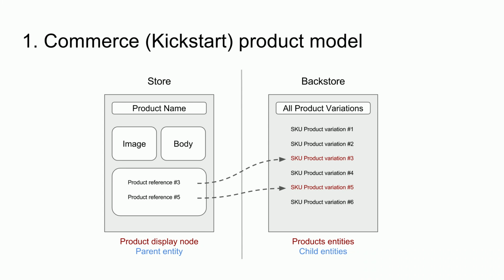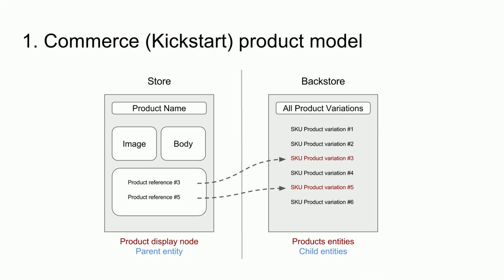All right, so this is me going a little crazy, but you have your store, you have your back store. These are your product variations, where the SKU is, the title, the price, obviously. This is a node, which has a product title, product name, image maybe, a body.